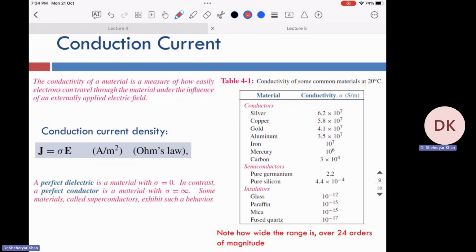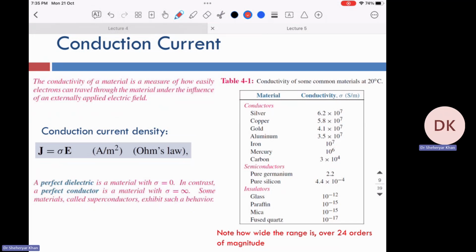That means there is no opposition to the current, and whenever you apply the electric field, it can produce the motion of electrons. But there are certain categories within the conductor. So you have superconductors. Of course, there's no truly infinite sort of thing.